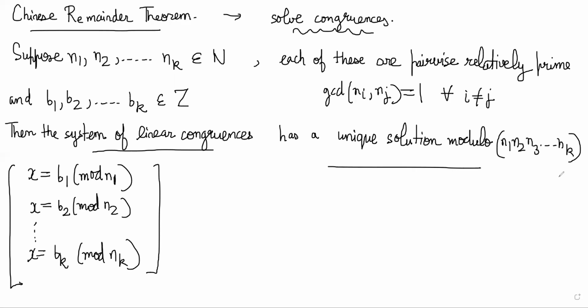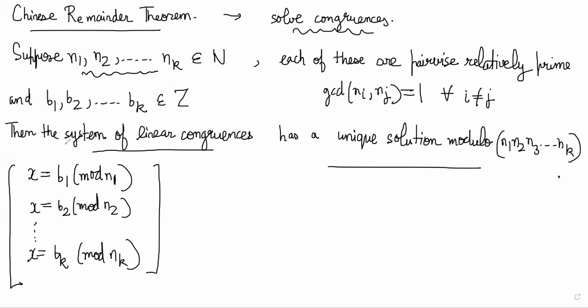So this is the statement of the theorem, that this system of congruences has a unique solution modulo the product of all of these ni's, right? And the condition for the theorem was what? Each of these ni's were relatively prime, right?